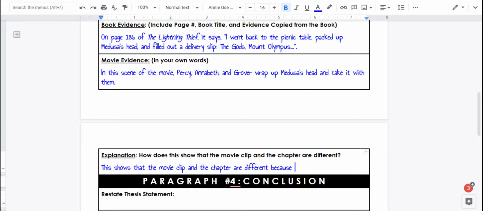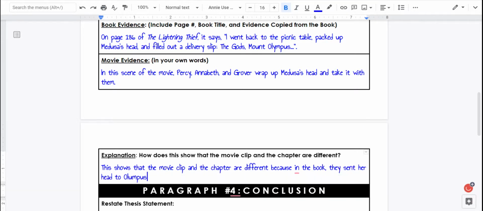So this shows that the movie clip and the chapter are different because in the book, they sent her head to Olympus. But in the movie, they took her head with them. You'll notice I've got the word but in here. That is a signal word that we are contrasting and we're showing a difference between the book and the movie.